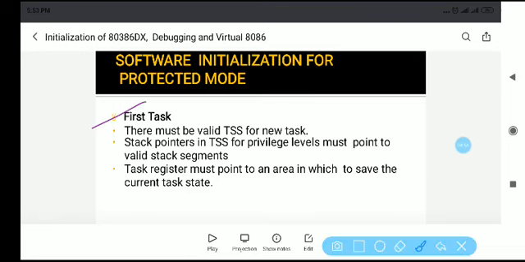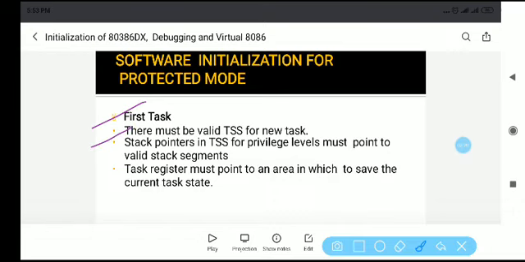Now the next point is the first task. The initialization procedure can run in protected mode without initializing the task register. However, before the first task switch, the following conditions must be satisfied.